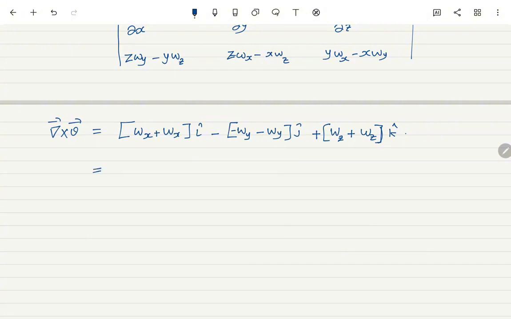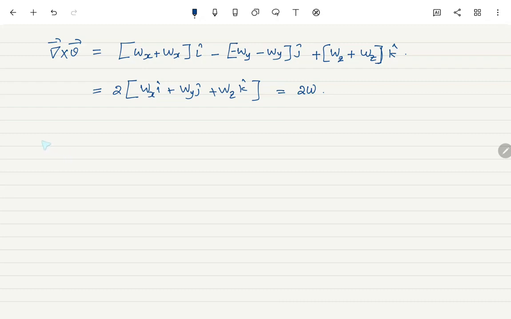Now in total this is 2 omega x, 2 omega y, 2 omega z. So 2 times omega x I hat, omega y j hat, omega z k hat, or in total it's equal to 2 omega.